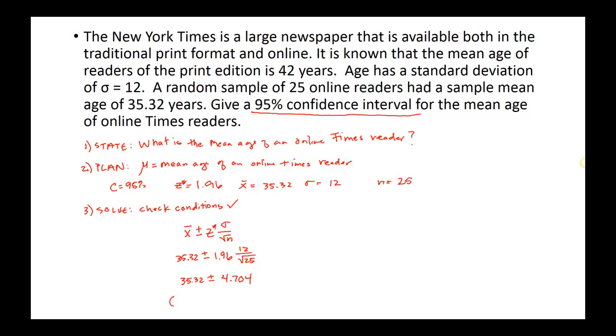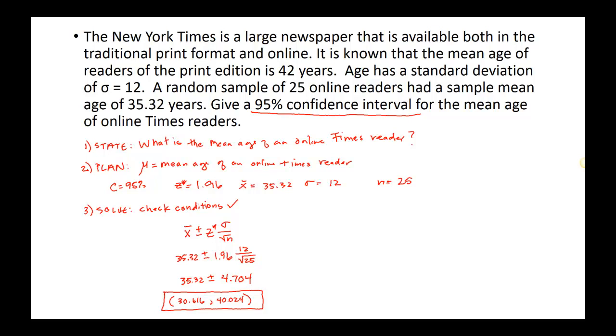Now I take that 35.32 minus 4.704, which gives me 30.616. And then I'm going to take 35.32 plus 4.704, which gives me 40.024. So that would be my confidence interval.